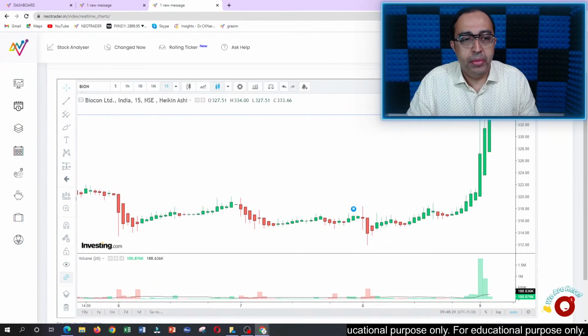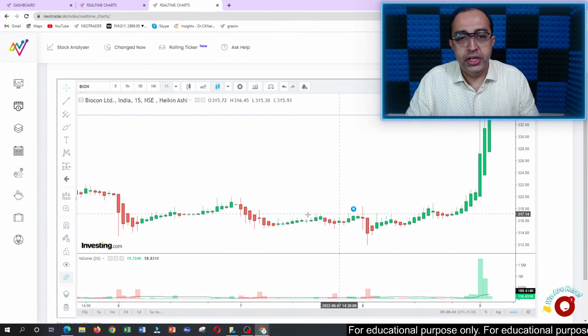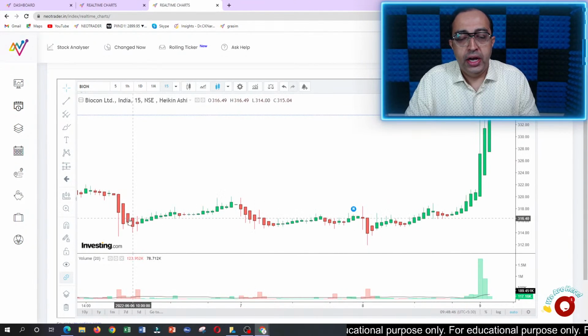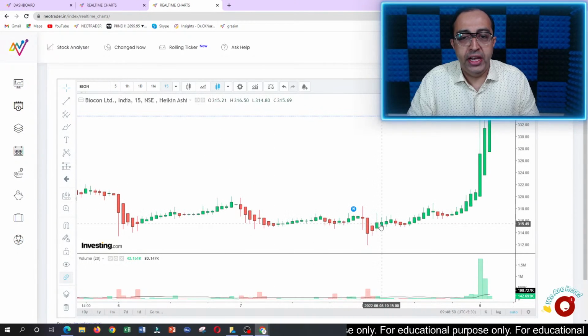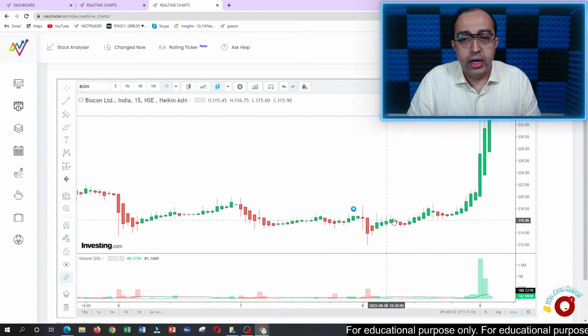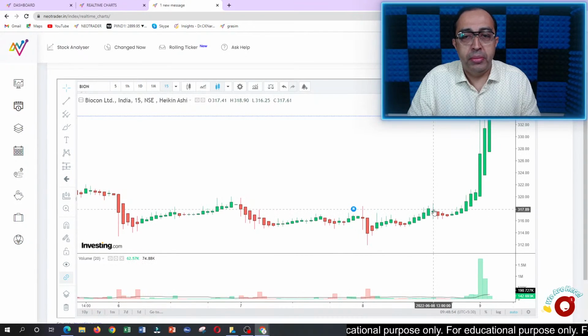You all have the Biocon chart in front of you, and from the Biocon chart it is clear that there is a strong upward drive. This is a 15-minute chart. You can see that initially it was sideways, and there was some bullish momentum and some bearish momentum, and finally yesterday you got a bullish momentum in Biocon.